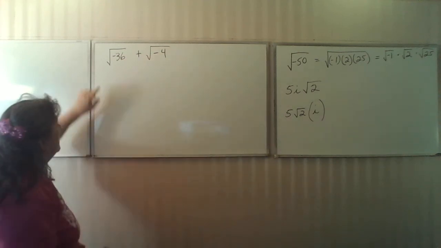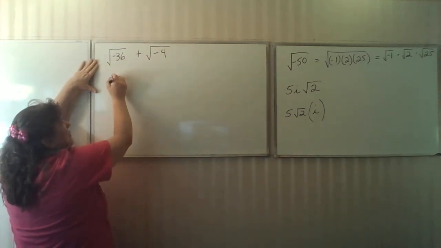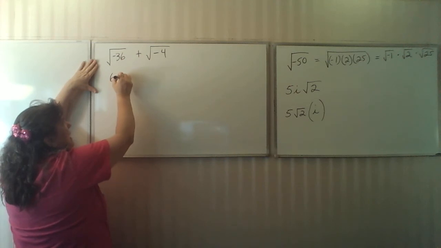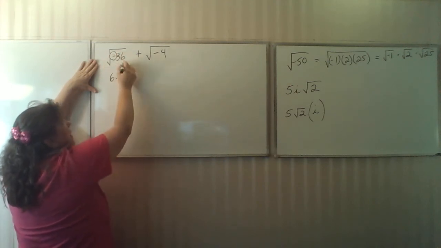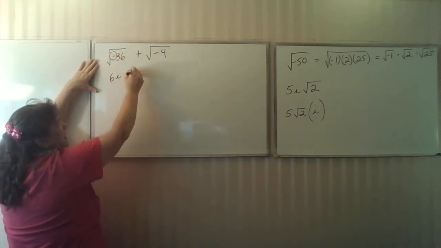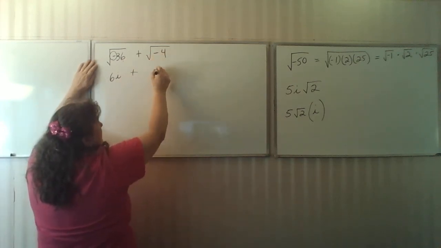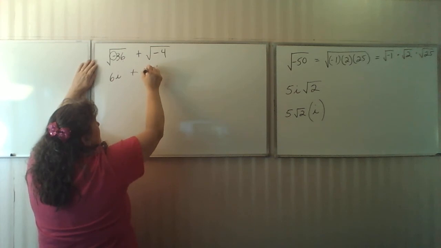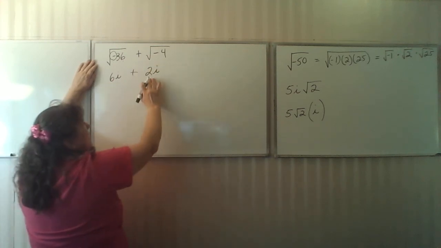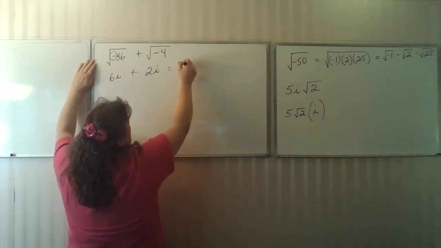Well, the square root of negative 36 is 6i because this is your i, and the square root of 36 is 6. Plus, again, the negative is your i, and the square root of 4 is 2. So 6i plus 2i equals 8i.